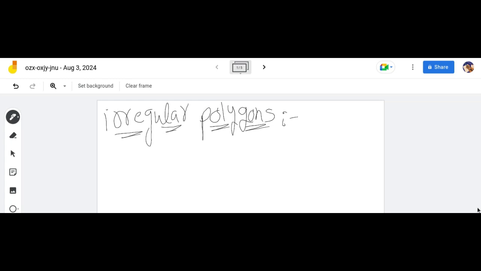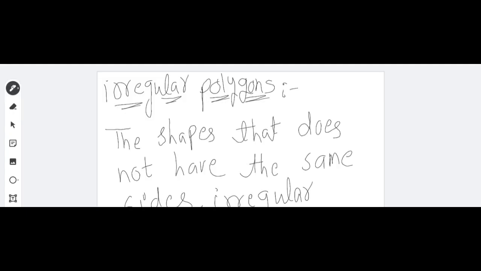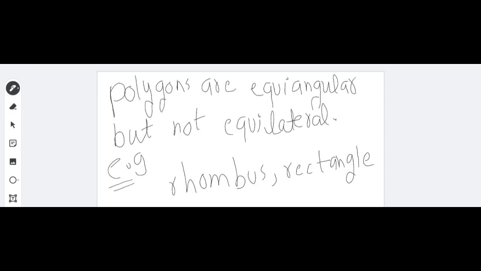No, this is regular, we have to do the irregular. The irregular polygons are shapes that do not have the same sides. Irregular polygons are equiangular but not equilateral, like rhombus, rectangle.